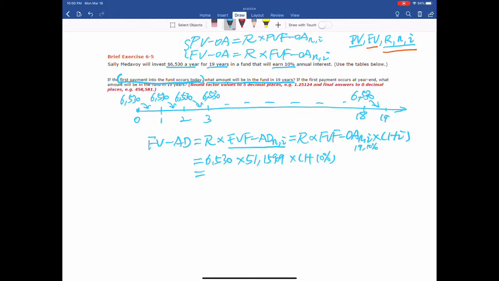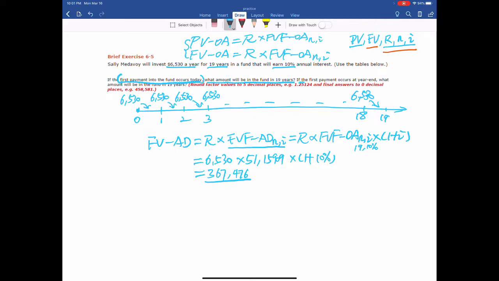Now the future value will be $367,476. In other words, if this guy invests 6,530 every year at the beginning of each year for 19 years, and the interest is 10% compounded annually, he can receive this amount by the end of the 19th year. So this is annuity due.